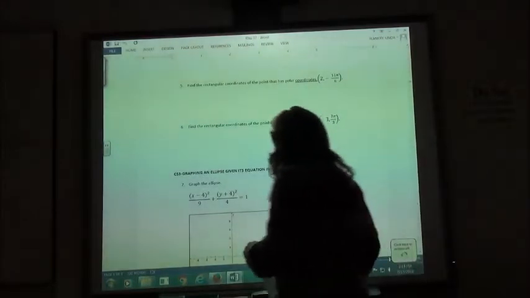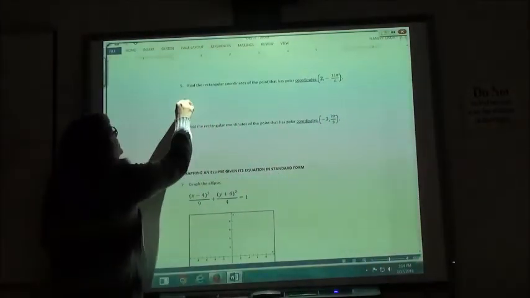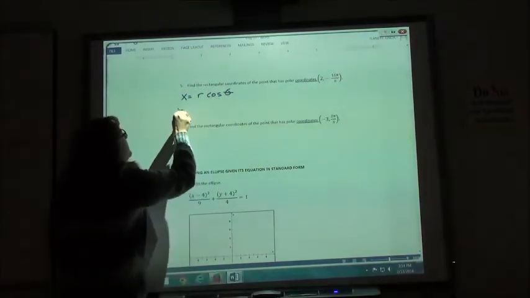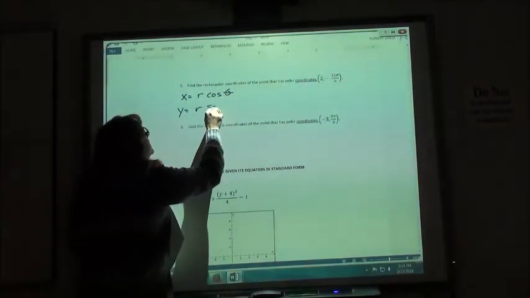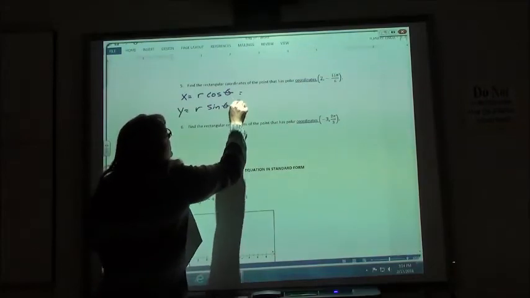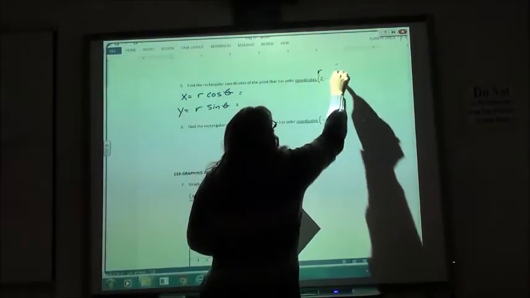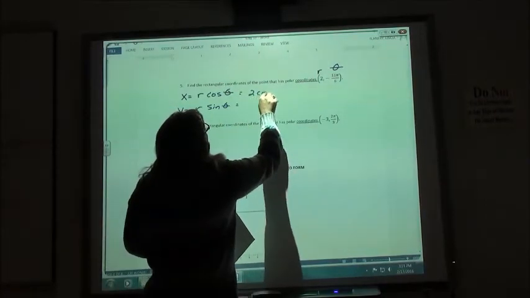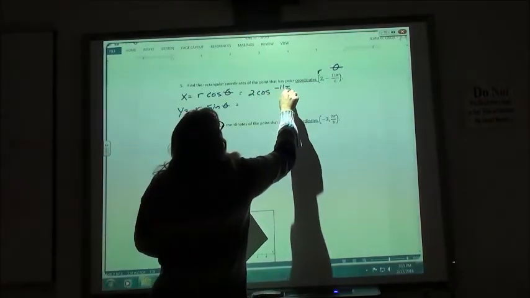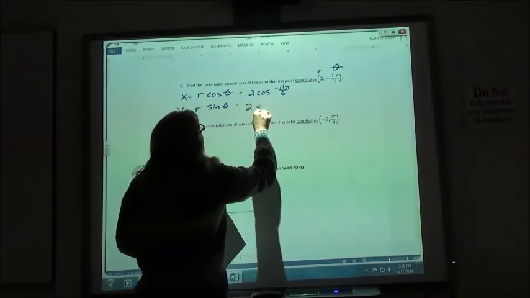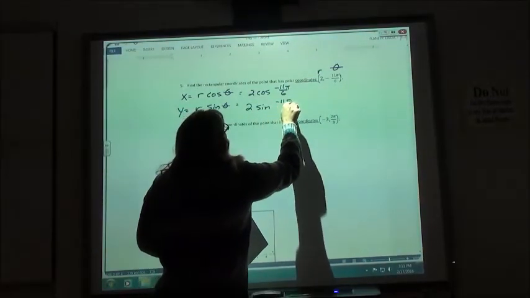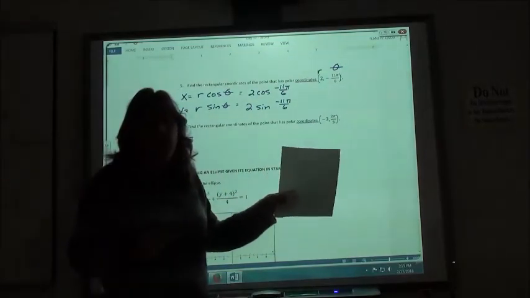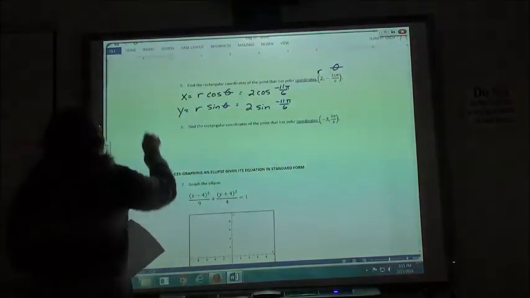So number 5, again, to find my X value, I'm going to take R times the cosine of theta. To find my Y value, R times the sine of theta. So in this case, this is my R value, this is theta. So I'm going to take 2 times the cosine of -11 pi over 6 and 2 times the sine of -11 pi over 6. Now on our table, we don't have negative measures, so we have to change that to the positive measurement.